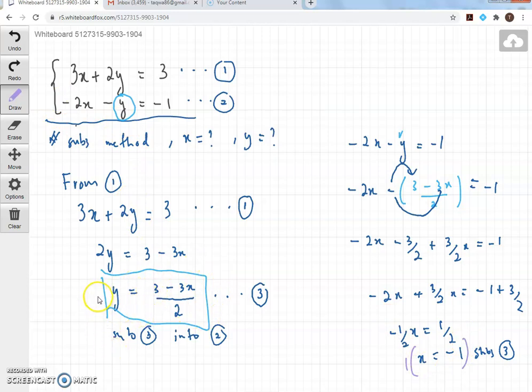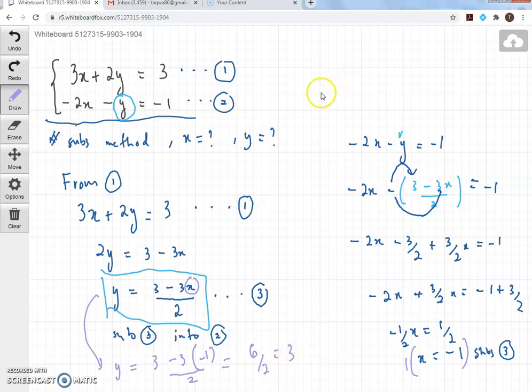So y equals 3 minus 3 times x, because you have x here. This is the value of your x, right? So you are going to substitute negative 1 there, over 2. Let's calculate here. Negative 3 multiplied by negative 1 is positive 3. So it will be 6 divided by 2. So the final answer is supposed to be 3.